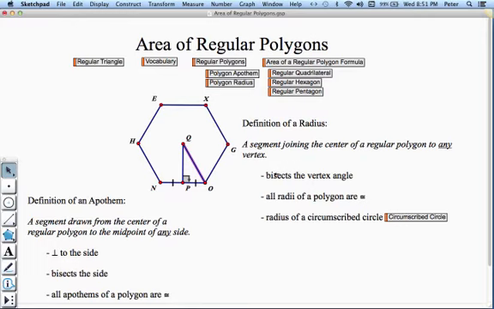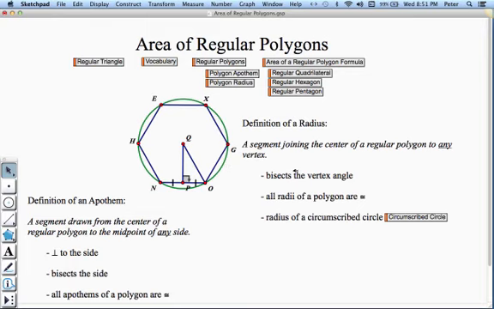They always bisect the vertex angle. All radii of a polygon are congruent, just as all radii of a circle are congruent. And the radius of the polygon is also the radius of the circumscribed circle. So the apothem is the radius of the inscribed circle. The radius is the radius of the circumscribed circle.